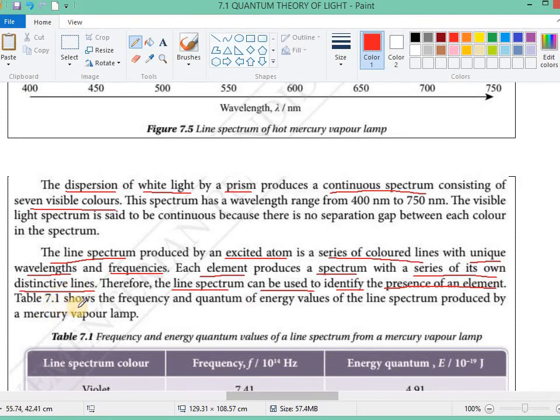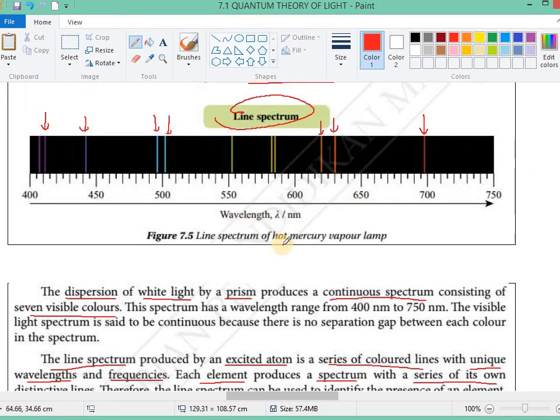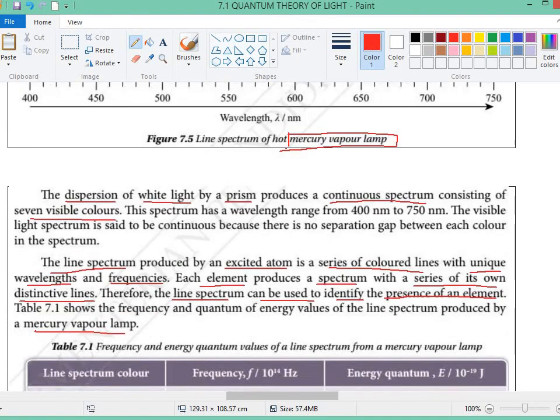Table 7.1 shows the frequency and quantum of energy value of the line spectrum produced by a mercury vapor lamp. If you use a different element other than mercury, you will get a different line spectrum. So the line spectrum is also called the fingerprint of elements.